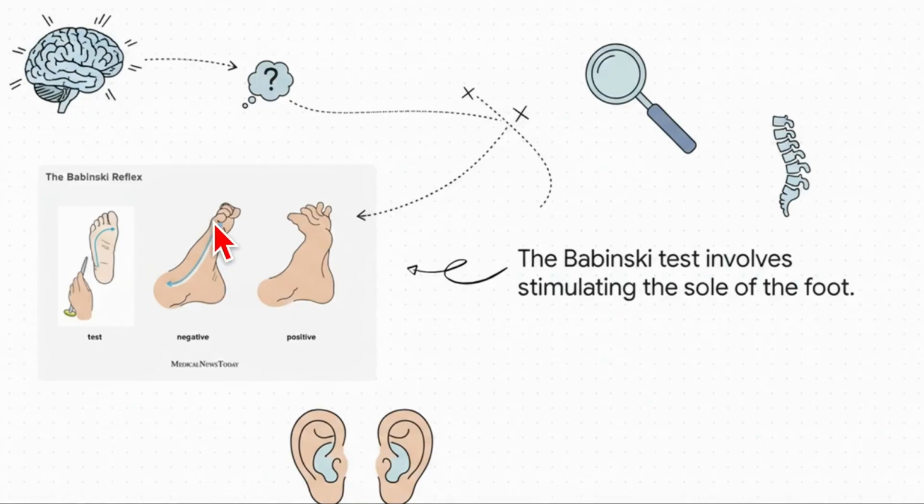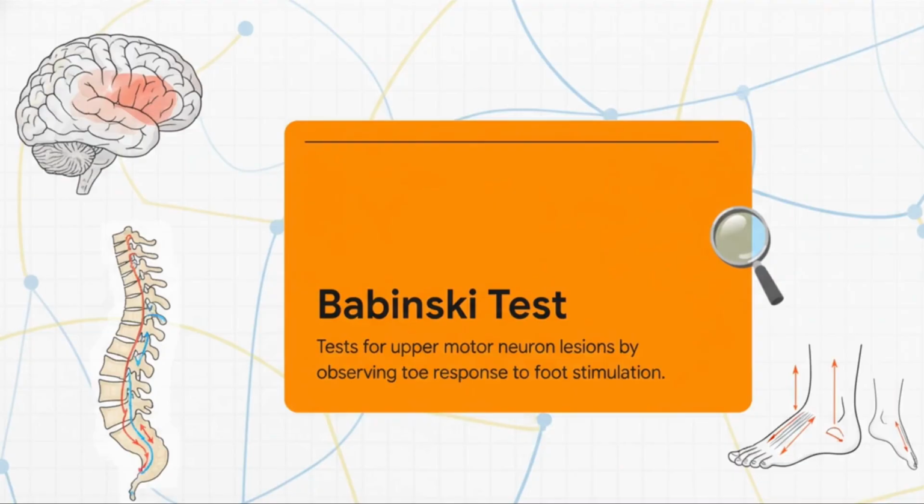Negative is that all your fingers will be pointing outwards, whereas here the thumb is inward and the rest is outward. So what is it indicative of? Basically it's a test for upper motor neuron lesion or corticospinal tract, something from your cortex to the spinal cord and not beyond that. That is your upper motor neuron.